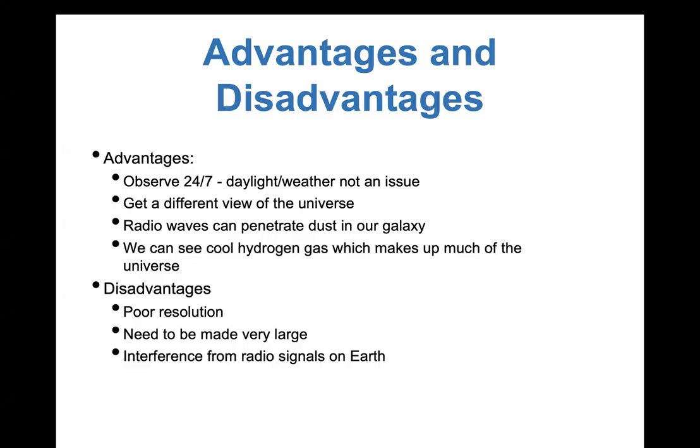If you're in a really low light pollution area. Well, if you get a telescope and you look into that cloud, you see some stars initially and it just becomes opaque because it's too much dust for visible light to pass through. Well, the same way that radio waves pass through the atmosphere, they pass through dust. So then we can see that signal that we cannot see with other bandwidths.